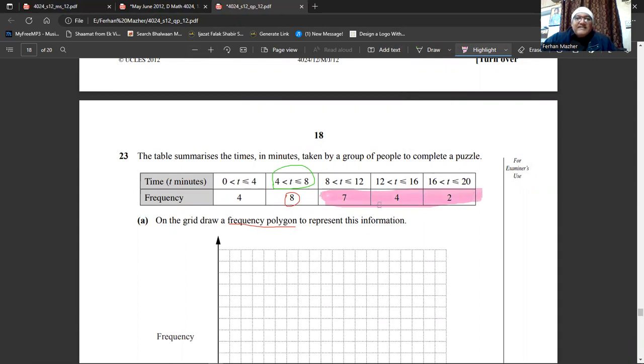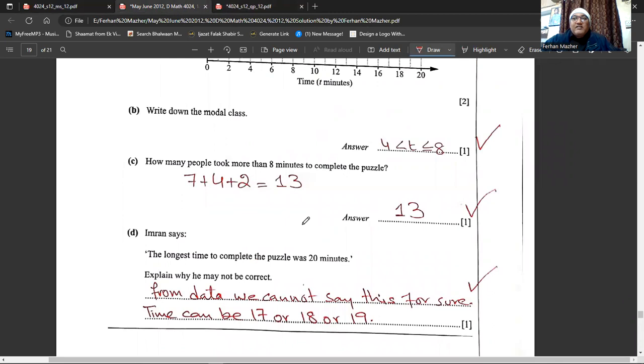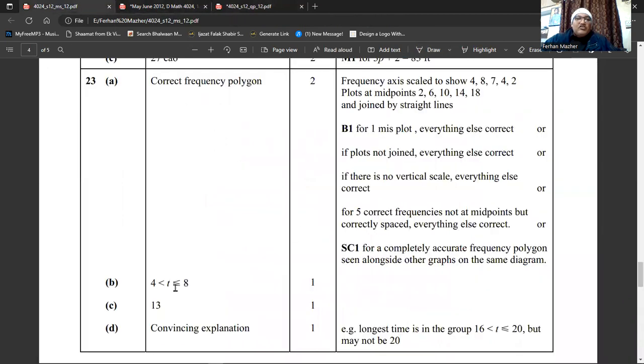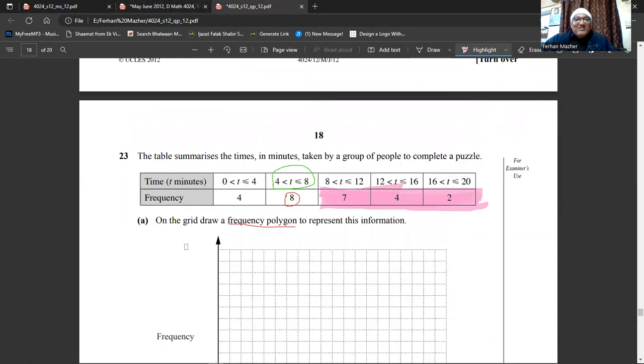They are 7 plus 4 plus 2. Sorry, I said 6. So it will be 7 plus 4, 11, 11 plus 2. That will be 13. So there are 13 people. 13 people is the right answer. I hope you understand what I'm talking about.